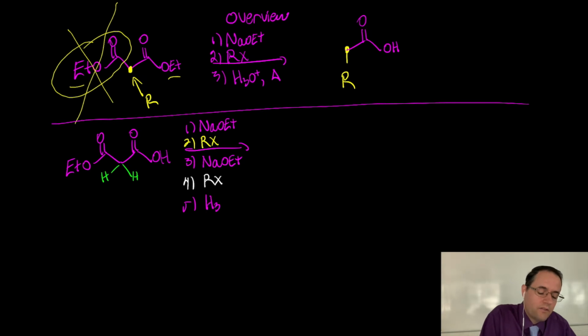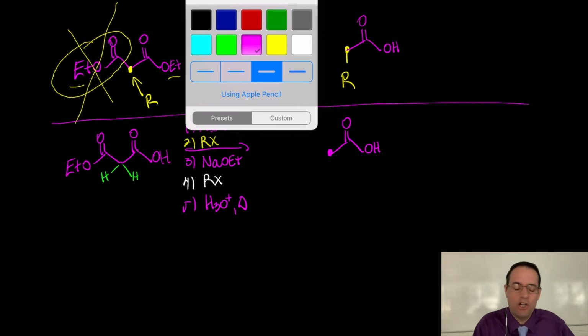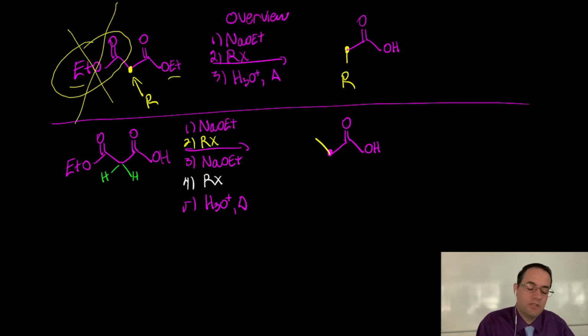And then at the end, do your H3O plus and heat, okay? And so what we're going to form from this chemical reaction is a carboxylic acid where we have 2 different R groups attached to the alpha carbon of our carboxylic acid, okay? We're going to have the first R group attached, and we're going to have the second R group attached, okay? So that can form more than one kind of bond, okay? It can form 2 bonds.